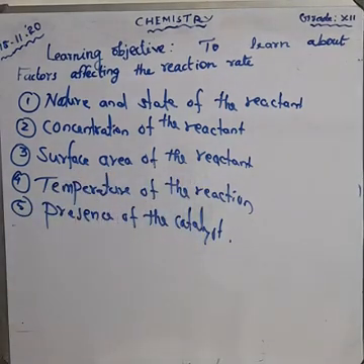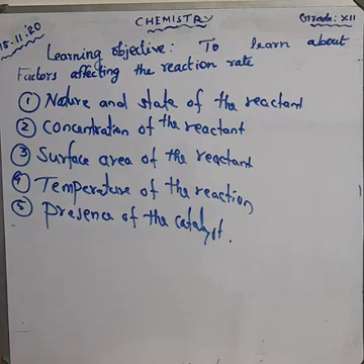These are the 5 points for the 2 mark, or sometimes maybe asked as a 3 mark question: what are the factors affecting the reaction rate? The first is the nature of the reactant. Here we can say two analyses of volumetric analysis.